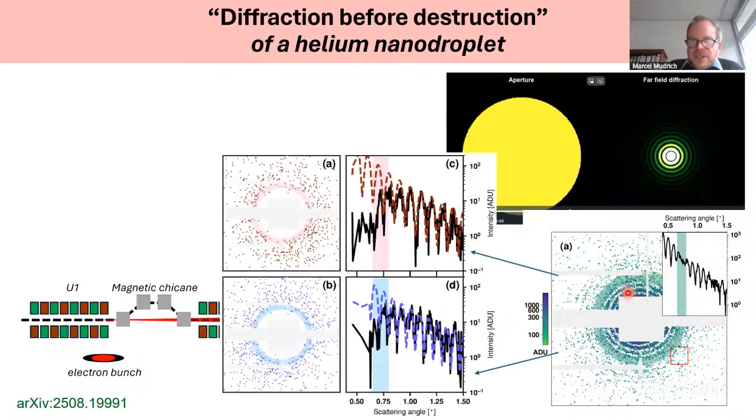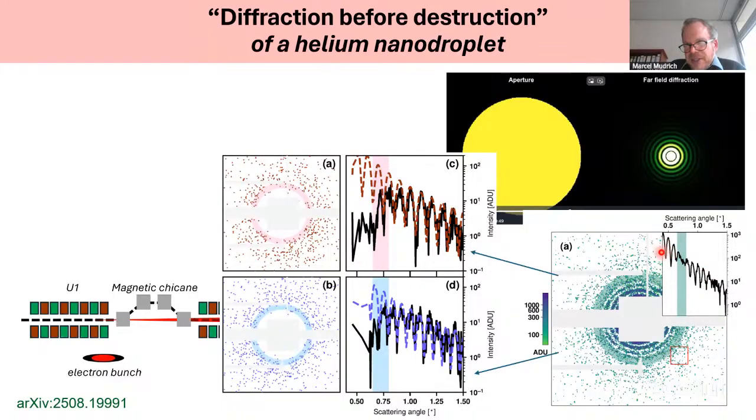Just as a recall, at the time, the experiment was done not just with a monochromatic X-ray pulse, but with a pair of two X-ray pulses with different photon energies. Therefore, if you analyze the radial profile by integrating over angles, we could see that there was this beat pattern that's shown in this little insert here.